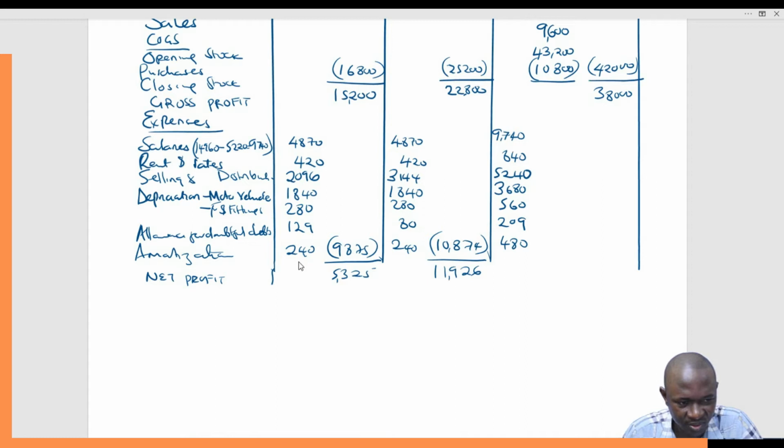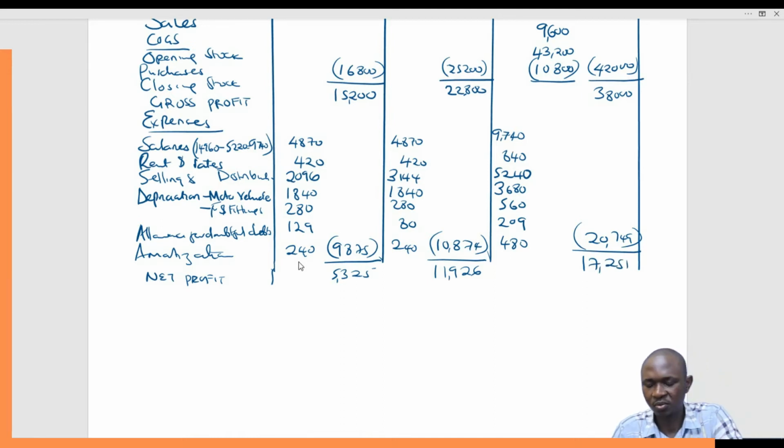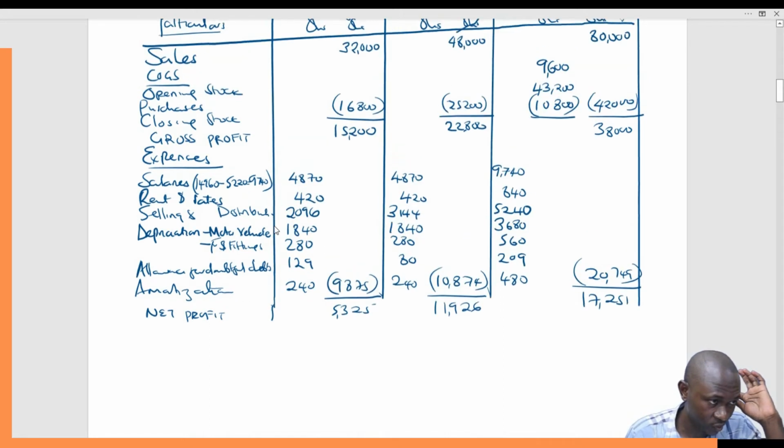Or you can simply add this plus this, but since we are already done, 749, and then you get minus 38,000. That should give you 17,251. This total should be the same. This plus this will give you that. So, having reached there, we move to the next.